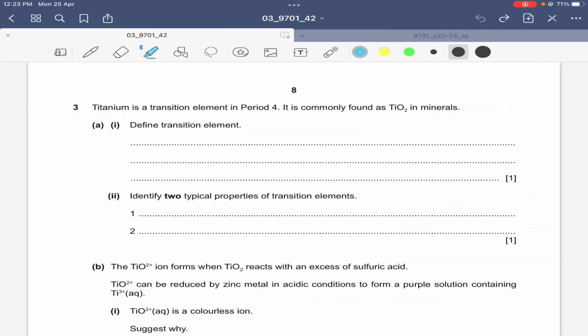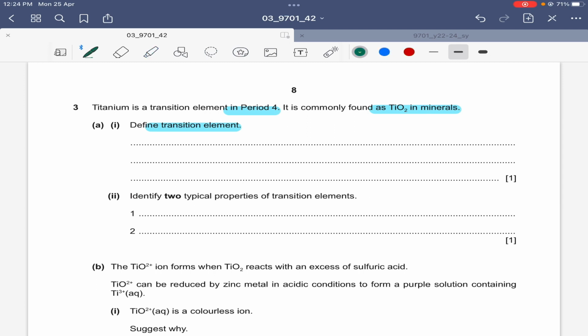Alright, so the next question is from transition elements. Titanium is a transition element in period 4. It is commonly found as TiO2 in minerals. Define transition element. So what is a transition element?